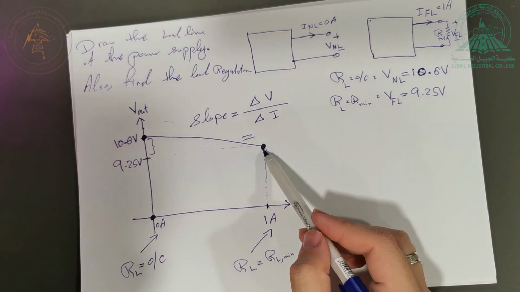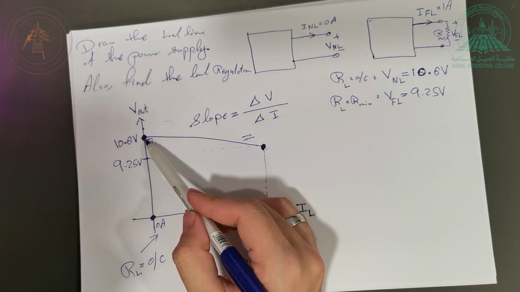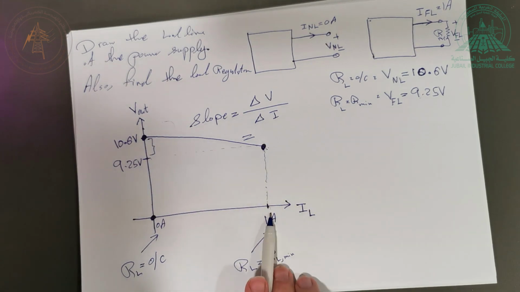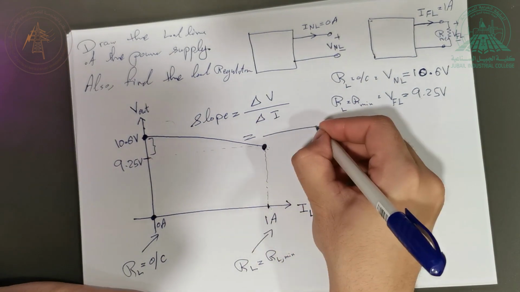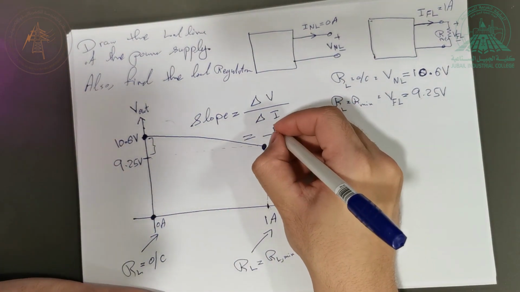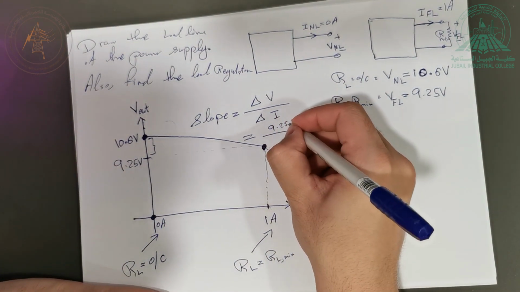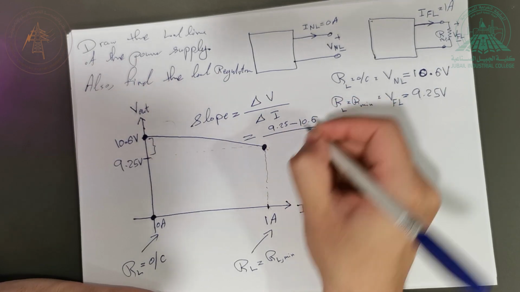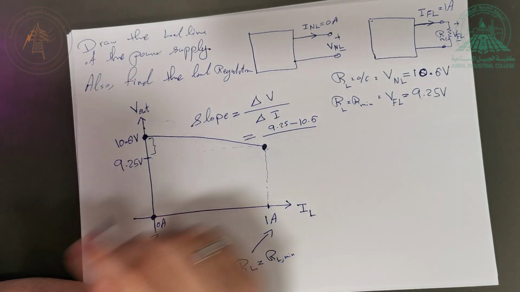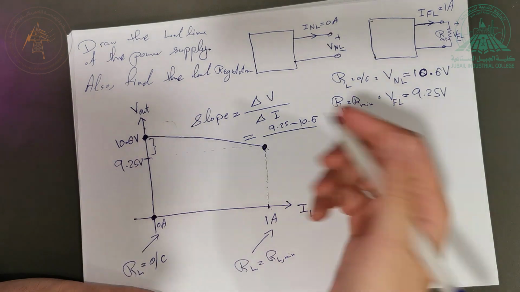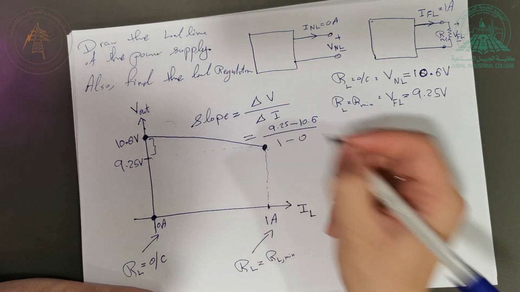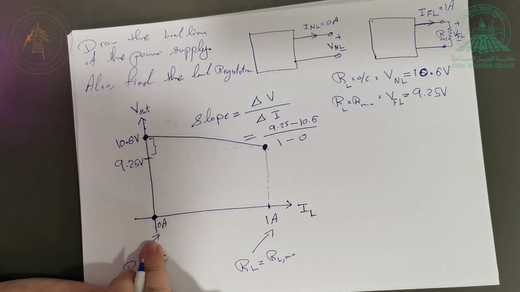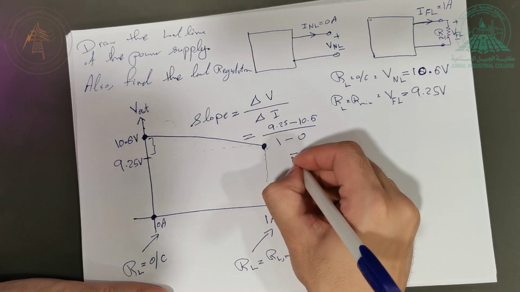So it's actually 9.25 minus 10.6 divided by 1 minus 0. In this case, 9.25 minus 10.6 is delta V. How about delta I? It's 1 minus 0, which is the current. And what does this give me?